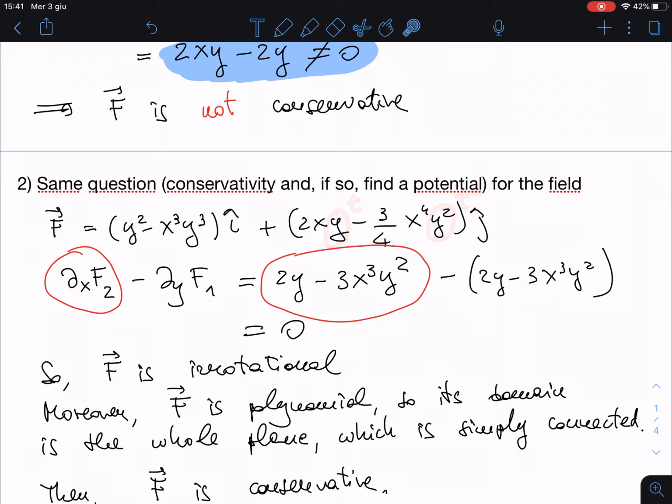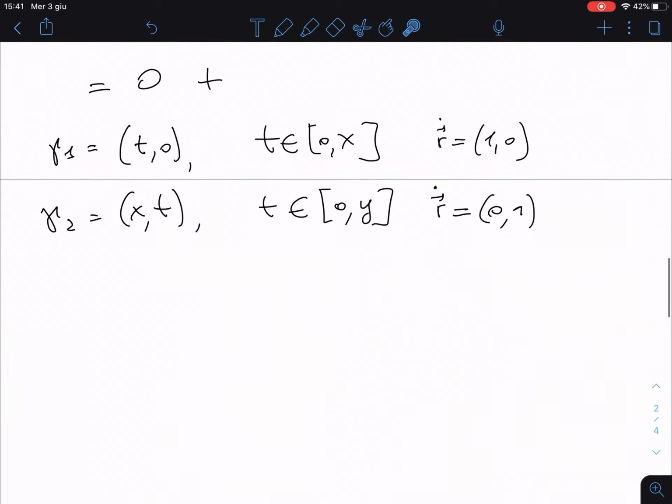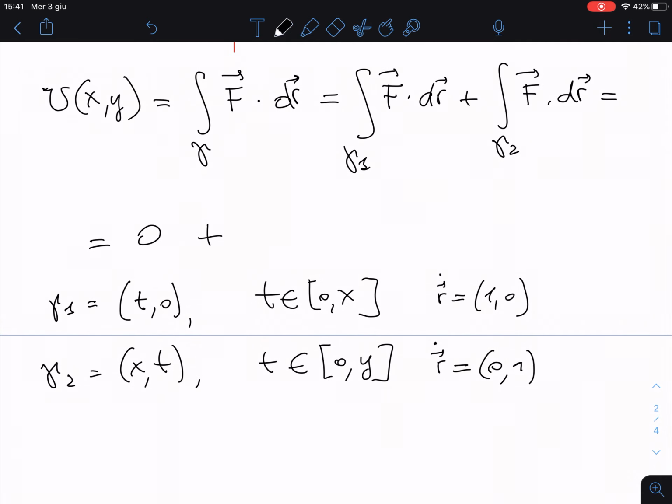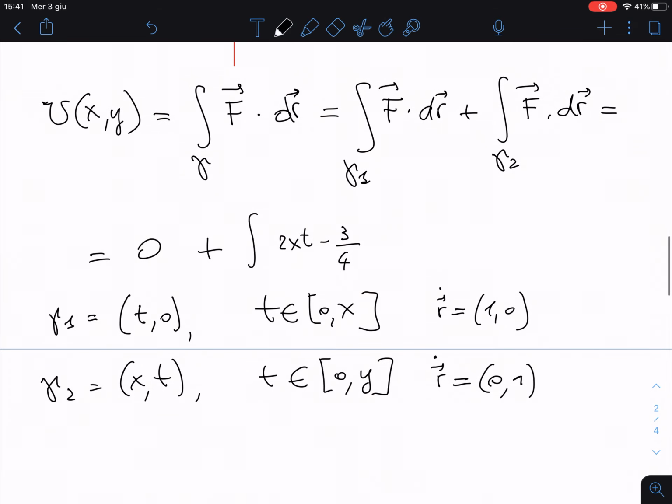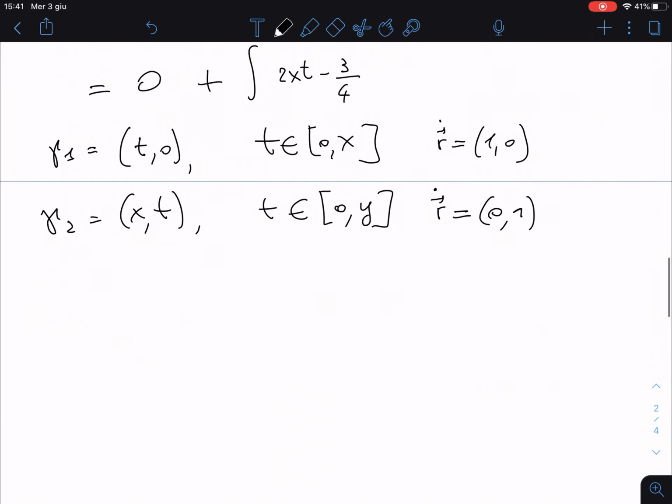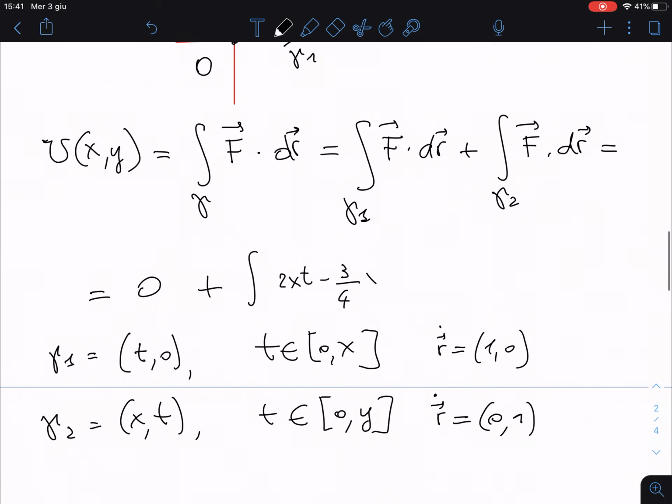So we have 2xt minus 3 over 4 x to the fourth t squared.